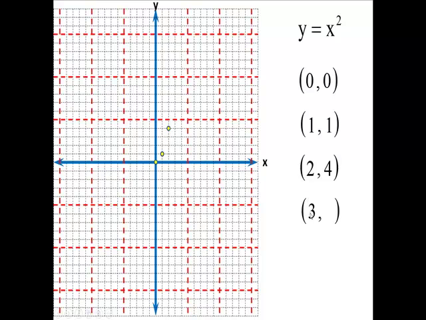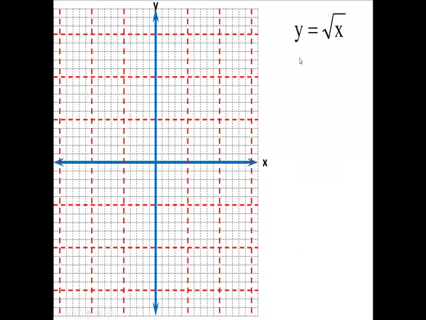When x is 3, 3 squared is 9, 3 to the right and up 9. When x is minus 1, minus 1 squared is 1. It looks like your basic parabola, doesn't it? Negative 2 squared, right there, and so on. So this is the graph of a parabola.